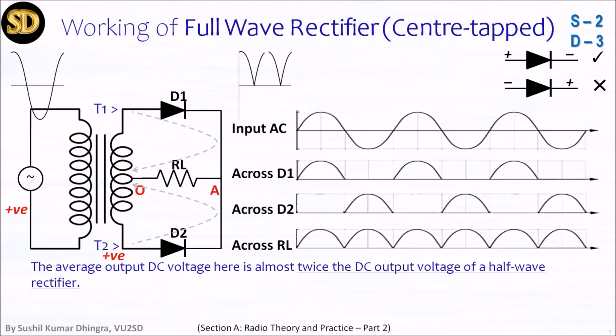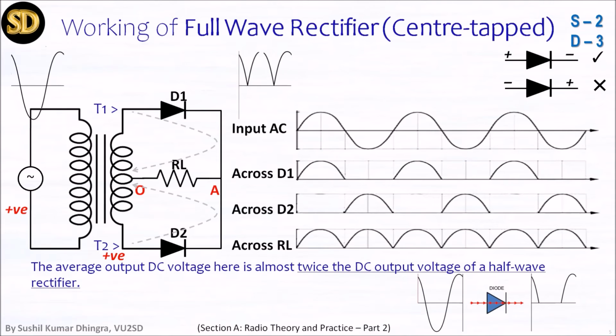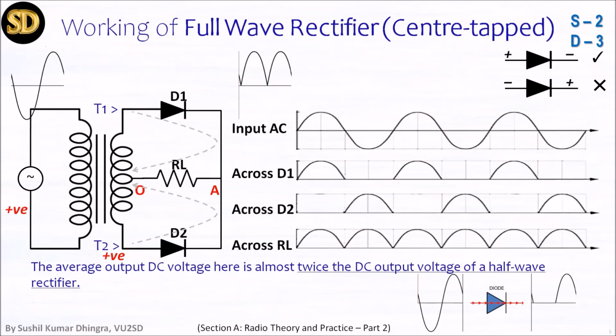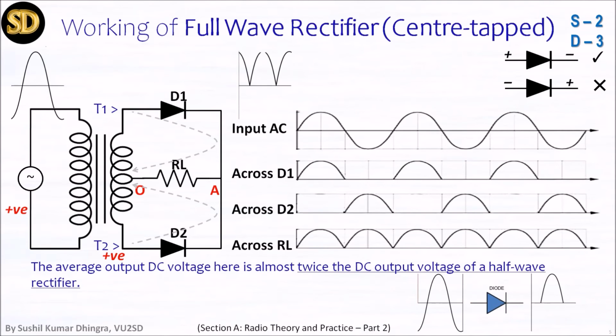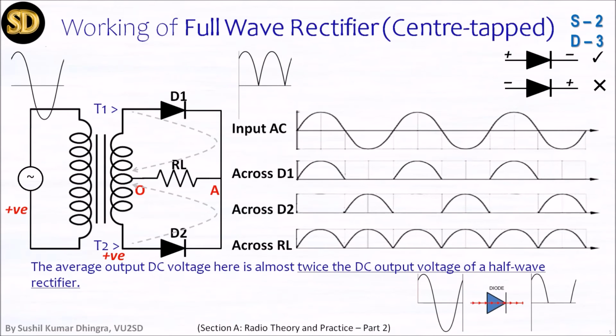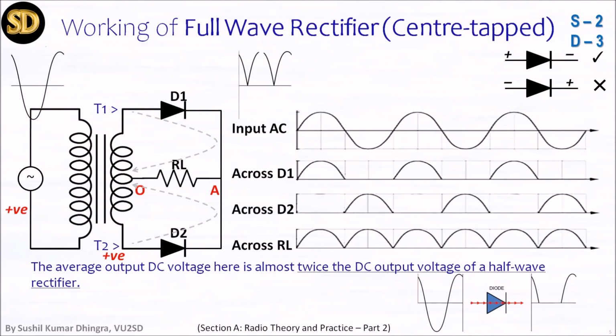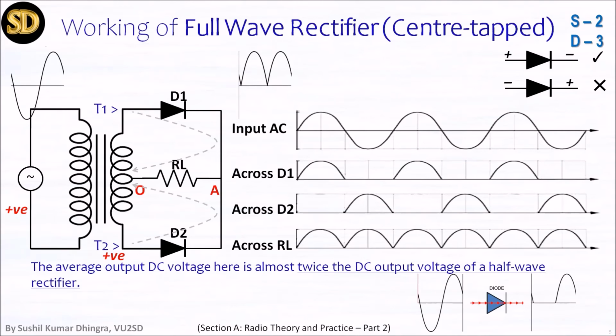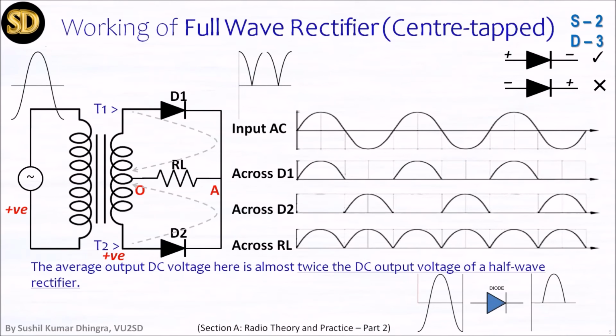So it is twice. That also I am showing you in a graph. You see at the bottom how the half wave rectifier was working. When the phase is positive on the red line, the moment it touches the red line, the diode comes into forward bias and conducts. So I have tried to show you both together. Keep this image in your mind.